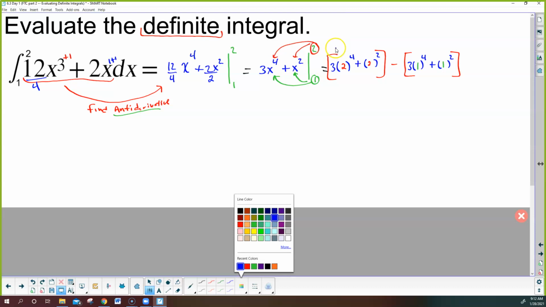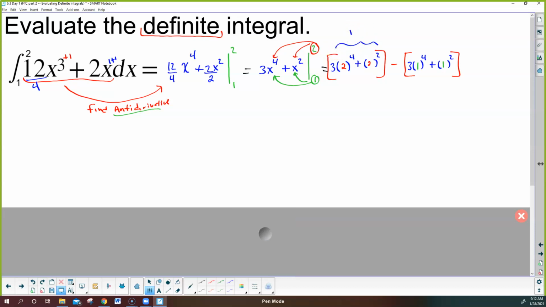Technically, this is the antiderivative evaluated at b, which was my upper bound, minus the antiderivative, that should be a capital F. So see how it's F of b minus F of a? It's the antiderivative evaluated at the upper bound minus the entire antiderivative evaluated at the lower bound.